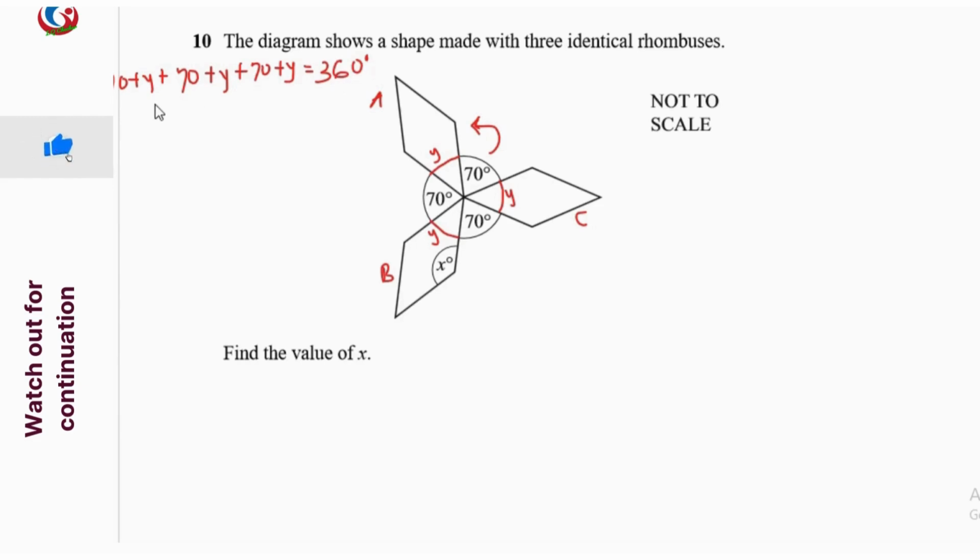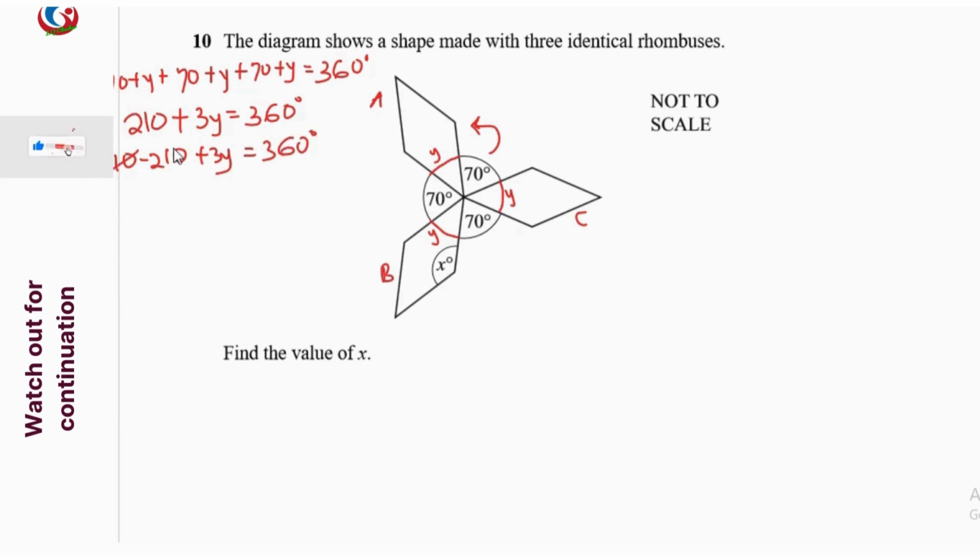So 70 plus 70 plus 70 will give you 210. y plus y plus y will give you 3y is equal to 360 degrees.